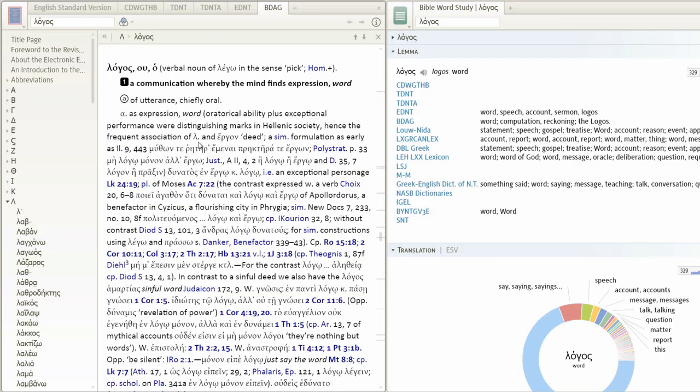So it's saying that oftentimes these two Greek words were used together as distinguishing marks within Greek society or Hellenic society.